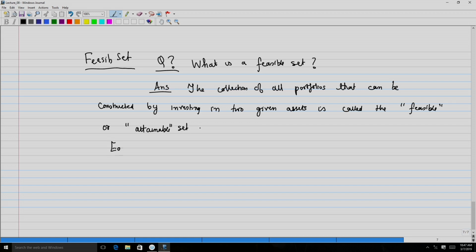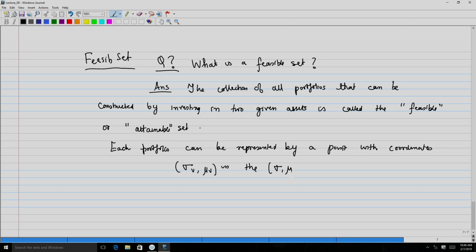So, each portfolio can be represented by a point with coordinates sigma v, mu v in the sigma mu plane.